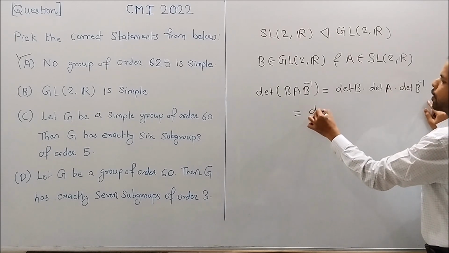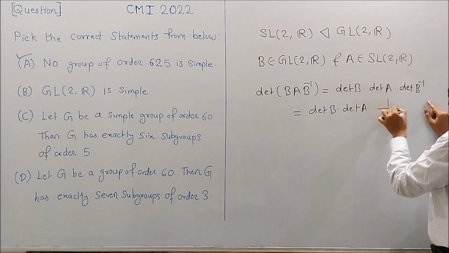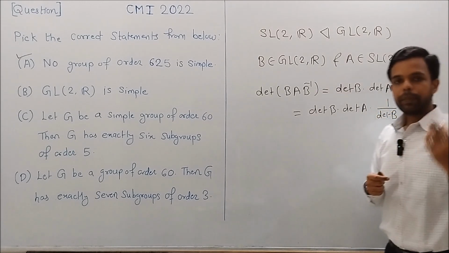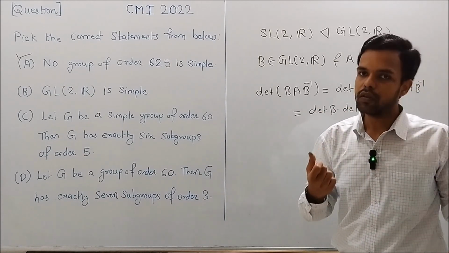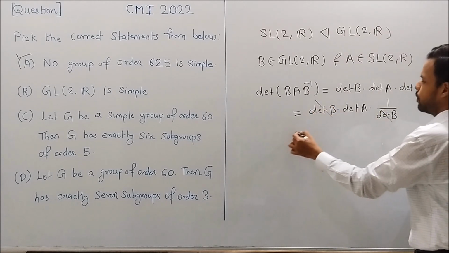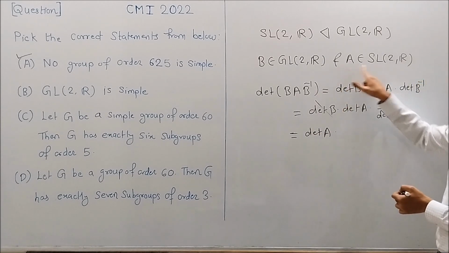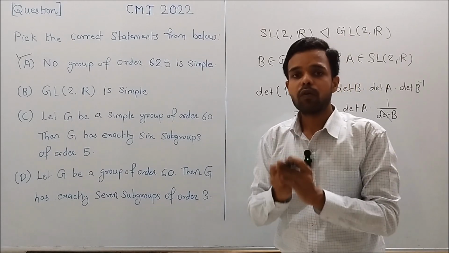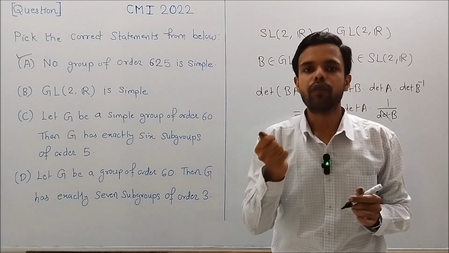And this can be written as determinant of B times determinant of A times 1 over determinant of B. Since B inverse exists, it is an invertible matrix, so its determinant is a non-zero number. So it is well defined. This will get cancelled out and we remain with determinant of A. As A belongs to SL2 over R, and we know that SL2 over R is the group of all invertible matrices whose determinant equals 1.